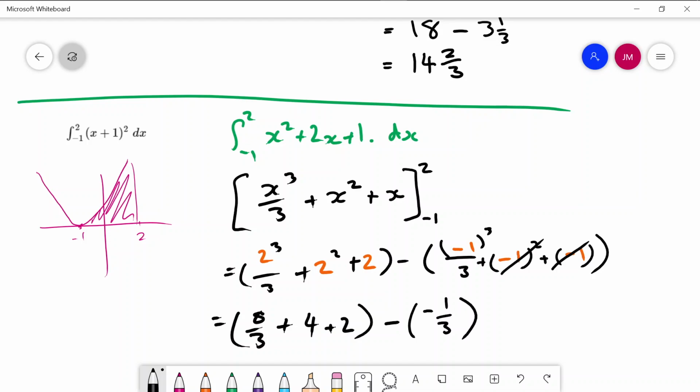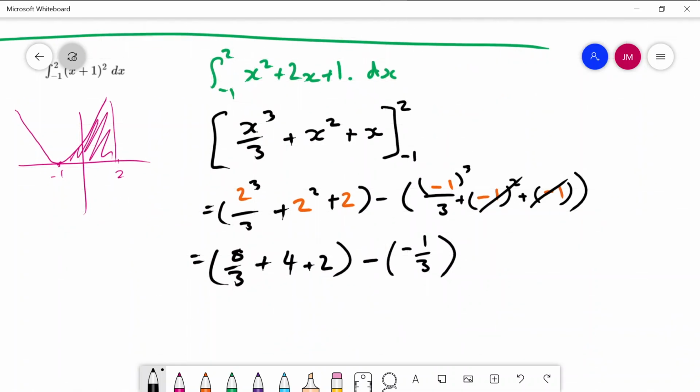So we end up getting, what would that be? That would be 6, so 4 plus 2 is 6. 8/3 is the same as 2 2/3, so we'd get 8 2/3 plus 1/3, so it would be 9. Okay, now there is an easy way to do this on our CAS.